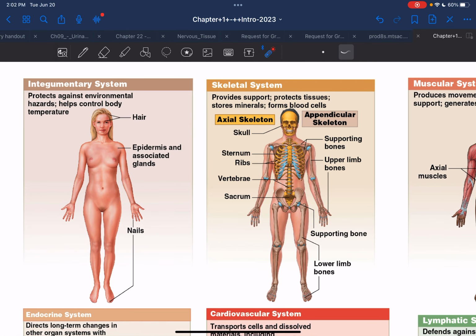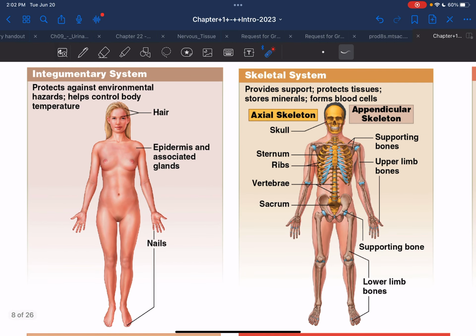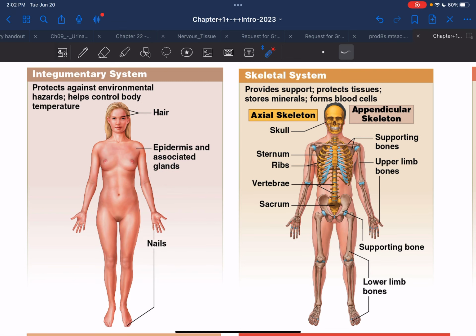Now, starting at integumentary system. What you have to know is that you must not only know this definition, you must know an example of the components of that system.